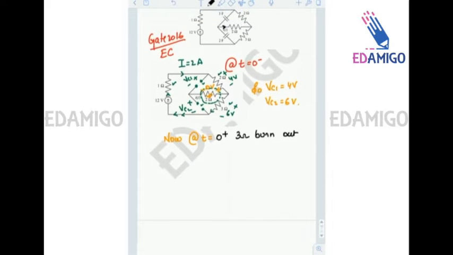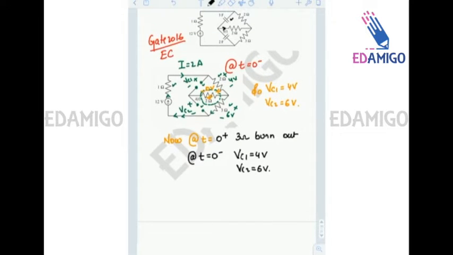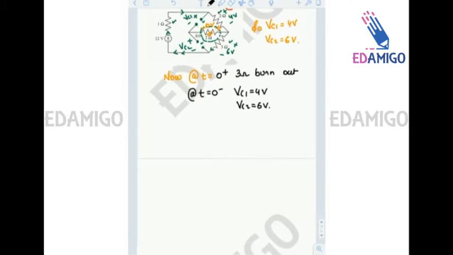We know that at t equals 0 minus, VC1 was 4 volts, that is, capacitance 1 was charged to 4 volts, and VC2 was 6 volts. So at t equals 0 plus, when we draw the circuit, capacitances C1 and C2 will be replaced by batteries of 4 volts and 6 volts respectively, and the circuit can be redrawn as follows.